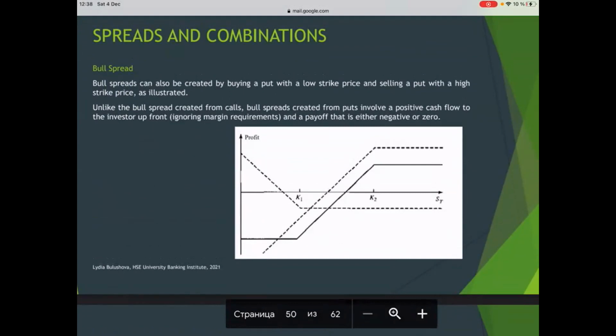Here we can see the same resulting solid line, the same resulting payoff, but it is built out of two different options. Unlike the bull spread created from calls, a bull spread created from puts involves a positive cash flow to the investor upfront, and the payoff is either negative or zero.